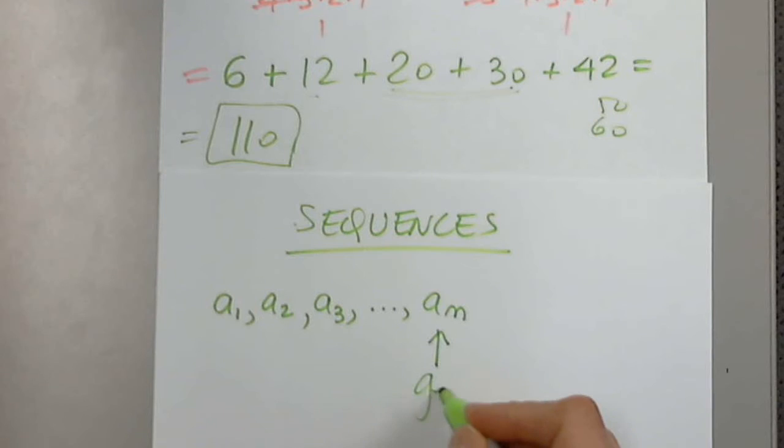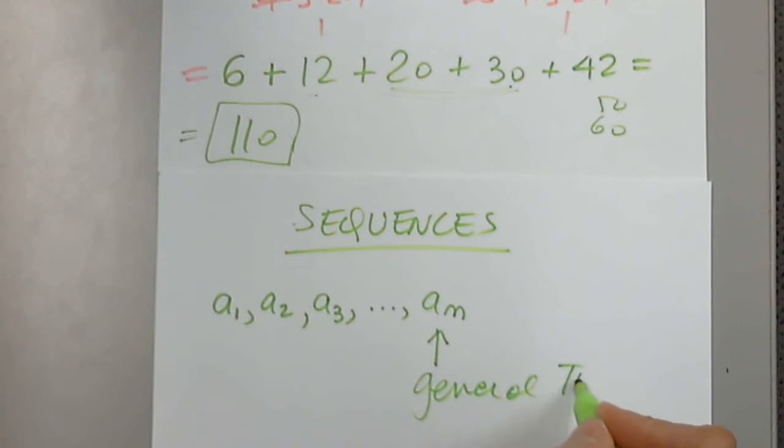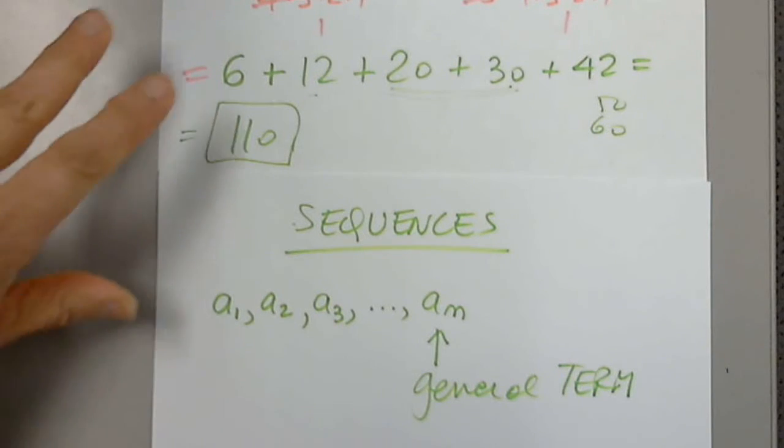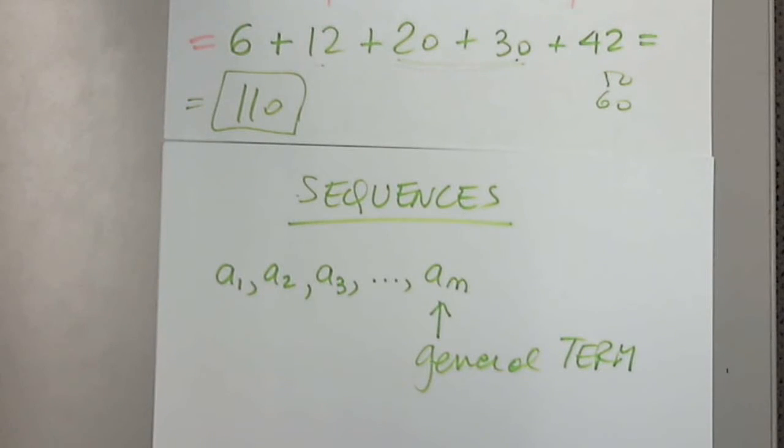AN is the general term of the sequence. Okay, write the first 4 terms of each sequence whose general term is given.